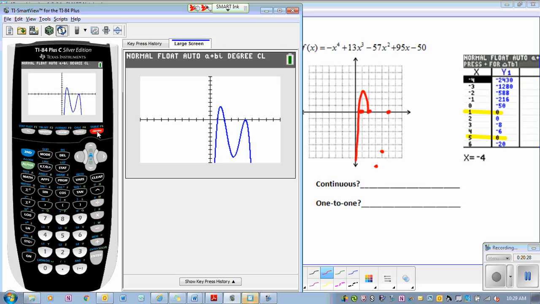I'm not going to make you find the exact maximums and minimums right now because we're just concerned about the continuous and one-to-one. So then, yeah, let's just do this. Okay, are we okay with that?